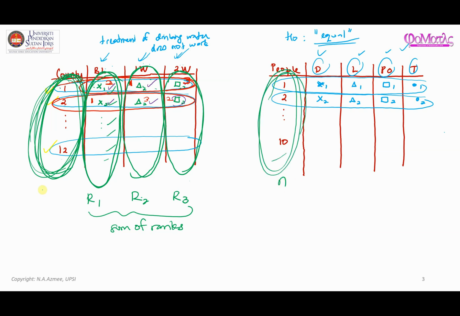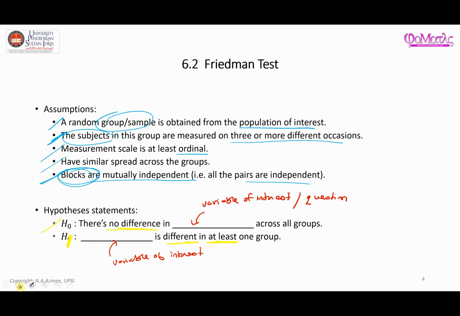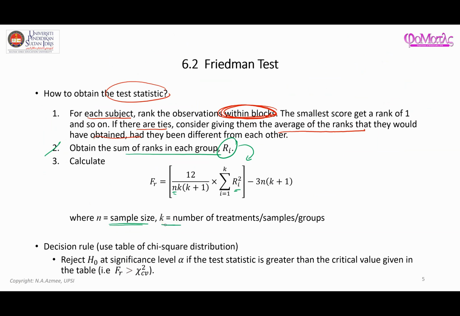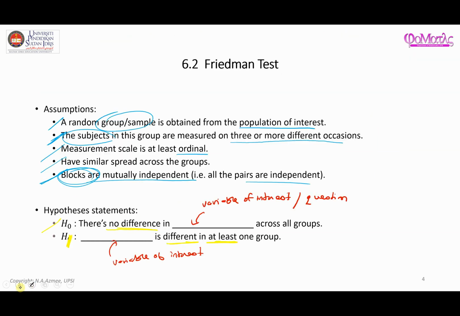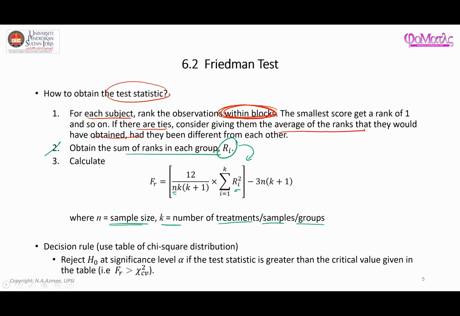So this is our N. K is the number of treatments or samples or groups. So what is K? K refers to this part, the number of groups, or treatments, or conditions and so on.